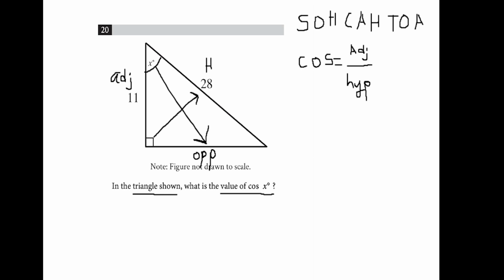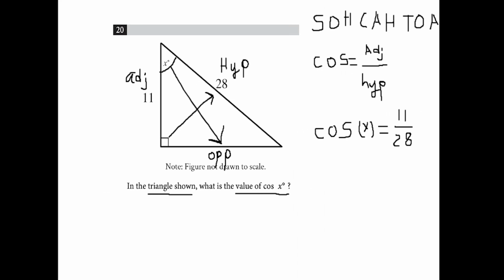The side directly across from the right angle is our hypotenuse. So cosine x is equal to adjacent over hypotenuse, which is 11 over 28. So cosine x is equal to 11 over 28, which makes that our answer.